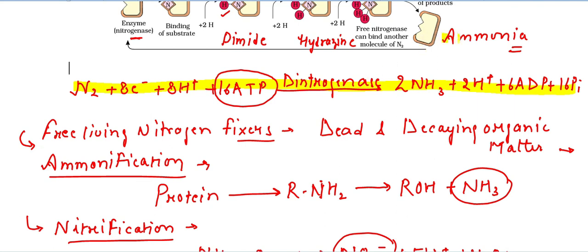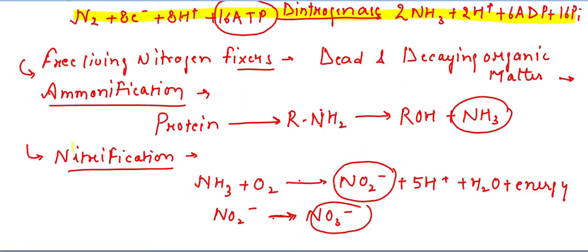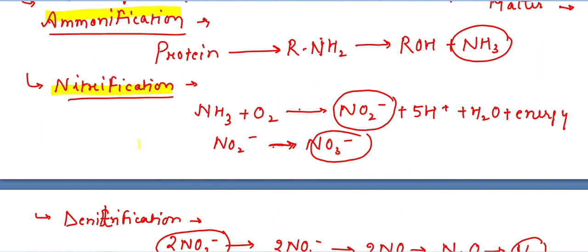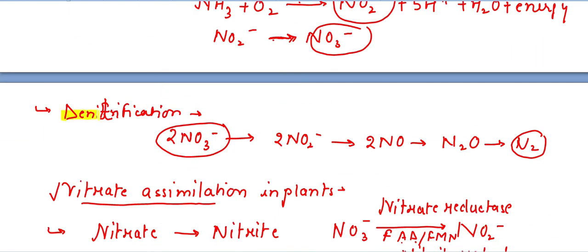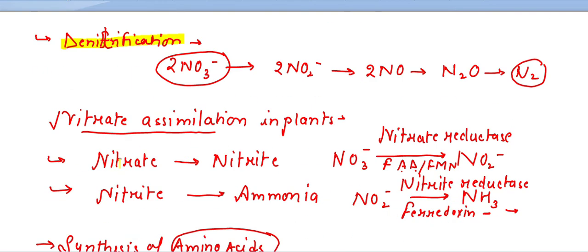Ammonia, ultimately, is what is formed. Now the free living nitrogen fixers involve the processes of ammonification, nitrification, and denitrification. For them we have discussed the different types of bacteria involved.